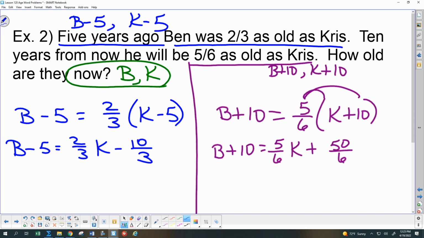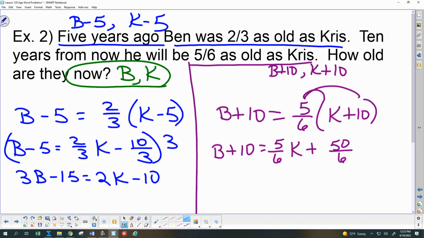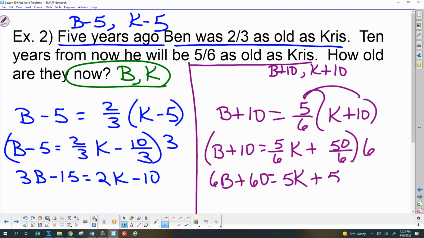No hands up? All right, let's multiply everything in this one by a 3. And we have 3B minus 15 is 2K minus 10. And over here on this one, what should we multiply by? Good. So 6B plus 60 equals 5K plus 50.